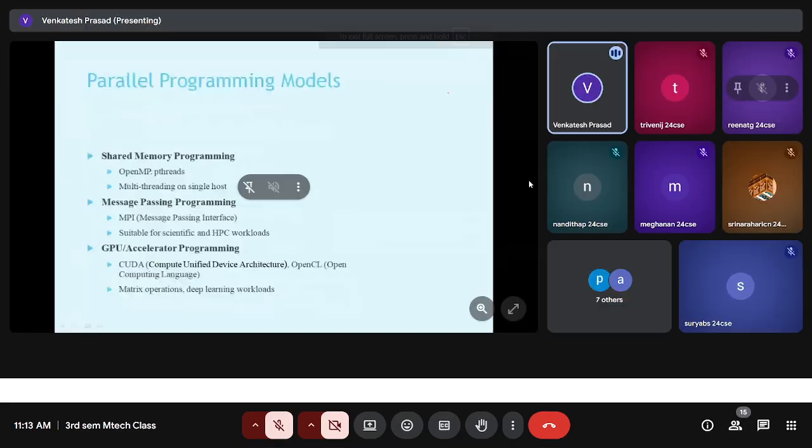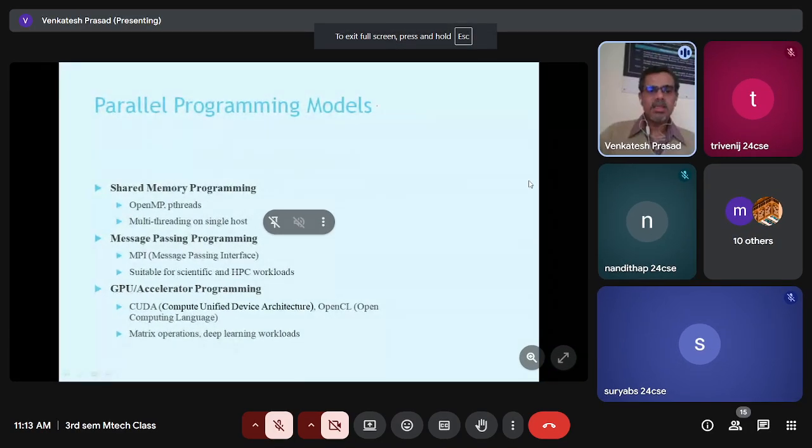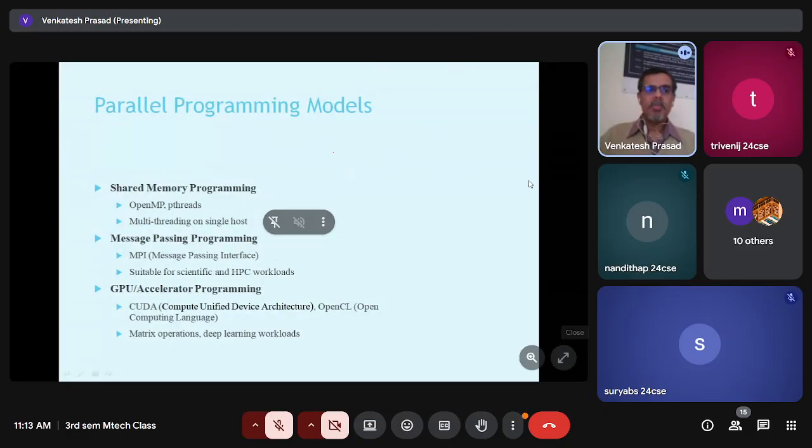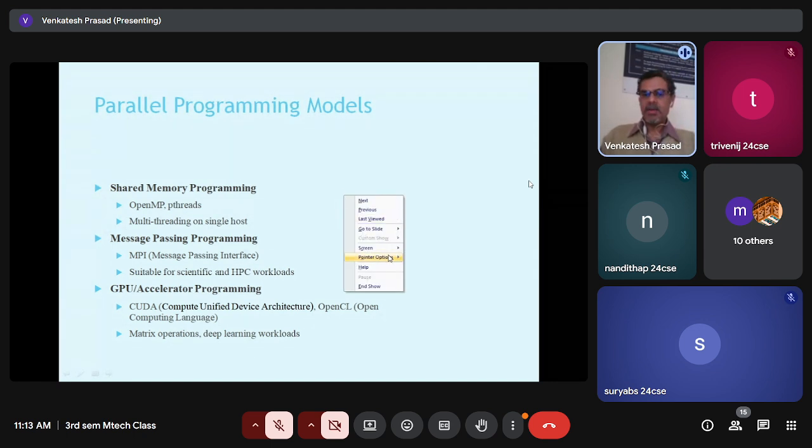All right. Then there are other models just for illustration purpose. Where parallel computing is used heavily, there is the OpenMP architecture, open multiprocessor architecture, Pthreads also, POSIX threads, multi-threading, where you need to have the shared memory concept, right? Where shared memory will be used.